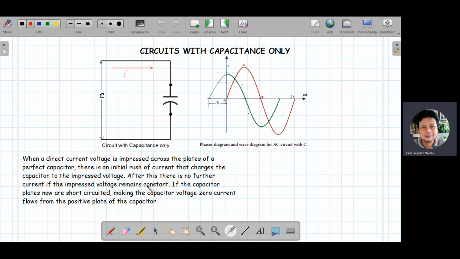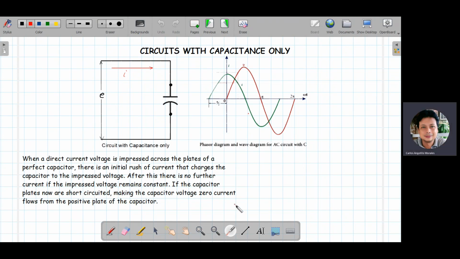Pero pagkatapos nito, wala nang kuryente na dadaloy kapag yung impressed voltage ay nanatili lang o na constant, no?